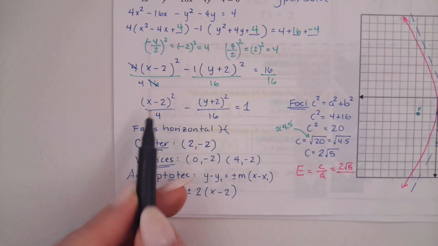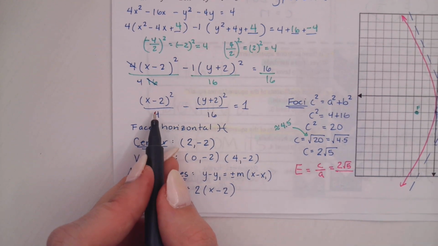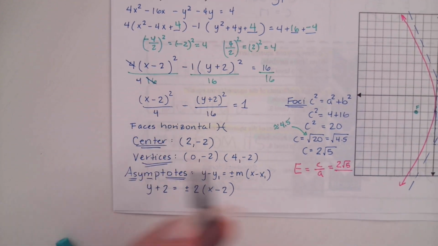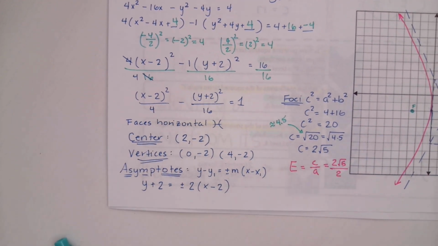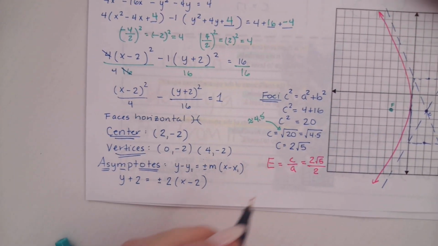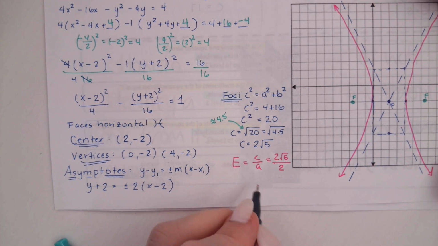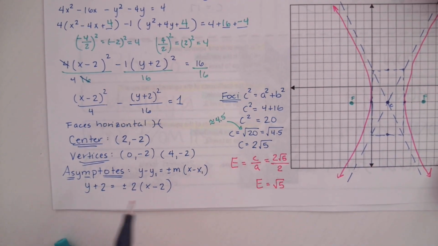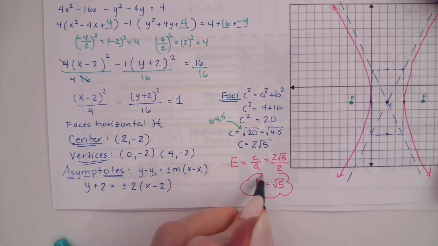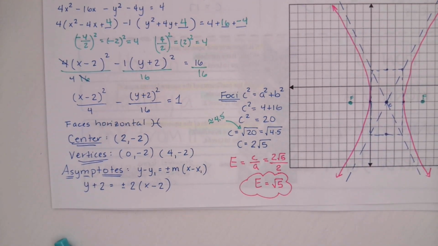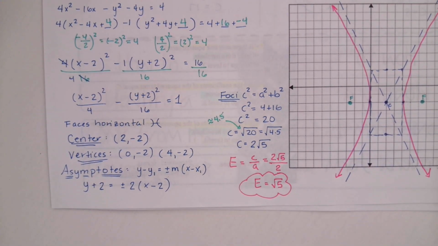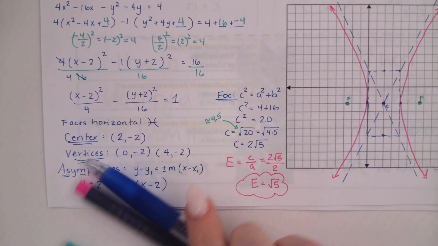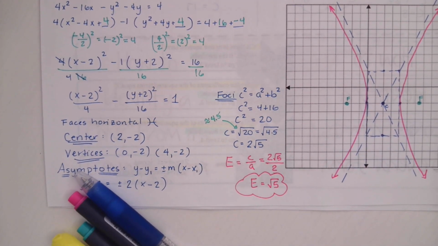All of this stuff is going to be on the quiz, so it's nice to review it. Except for eccentricity. Does this reduce? Yeah. e equals the square root of 5. You can rationalize if you want to, but it's not on the quiz.